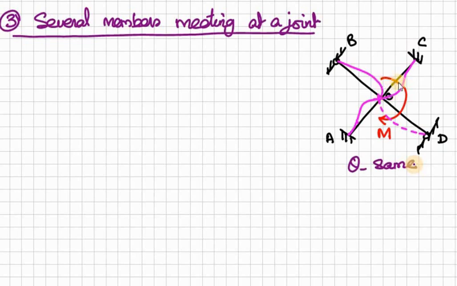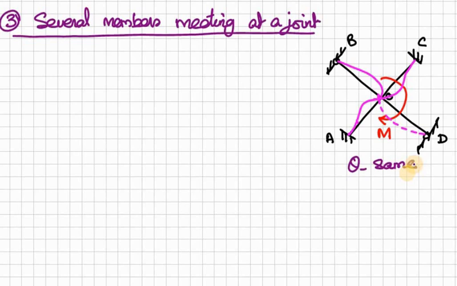At O we apply some moment M. So this M will be resisted by, or the moment M will be distributed to all the 4 beams. Based on the stiffness of each member, all the beams will be subjected to the same rotation, beta.